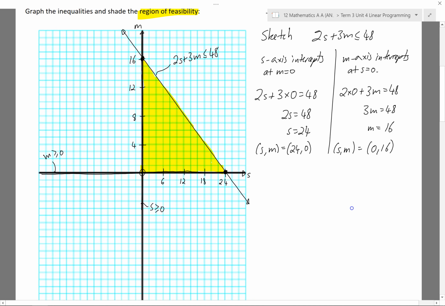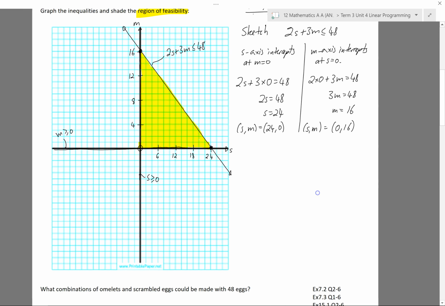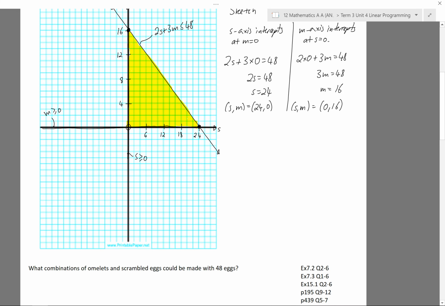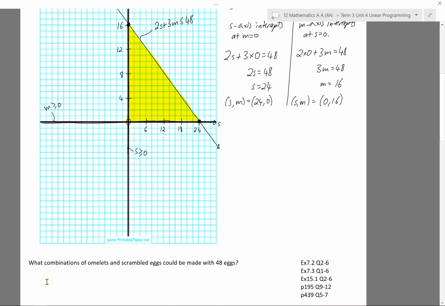So when I look at this, I see, well, the maximum number of scrambled eggs would be 24, the maximum number of omelettes would be 16. So answering this question, what combination of omelettes and scrambled eggs could be made with 48 eggs? I'd write between 0 and 24 scrambled eggs, and between 0 and 16 omelettes.